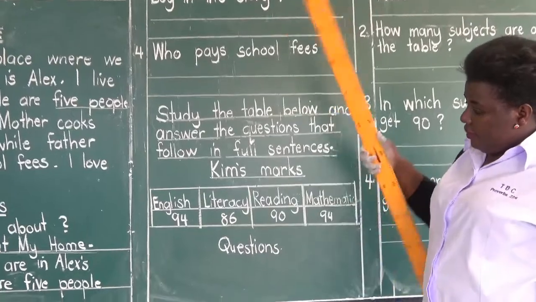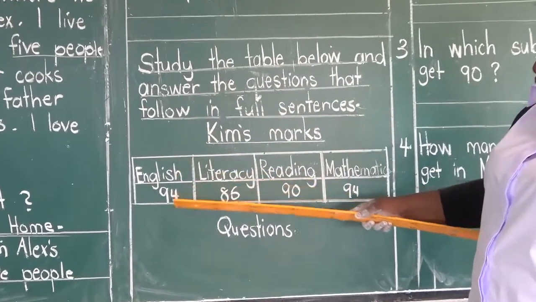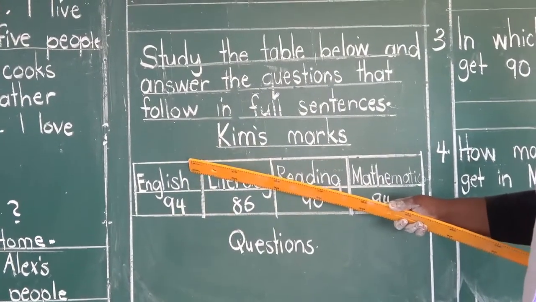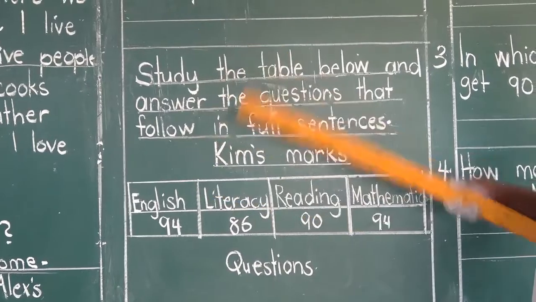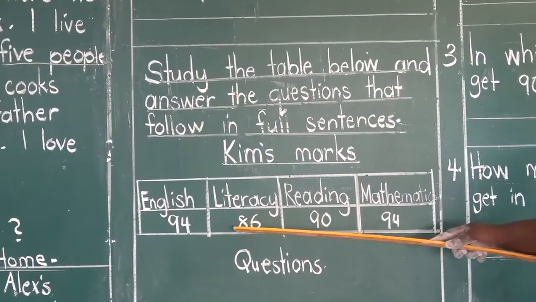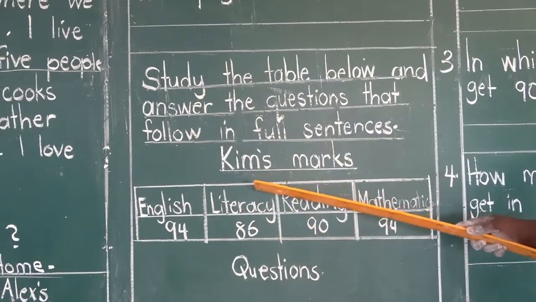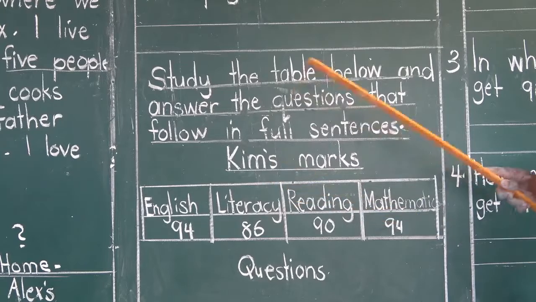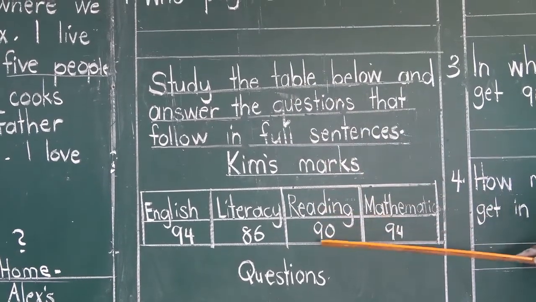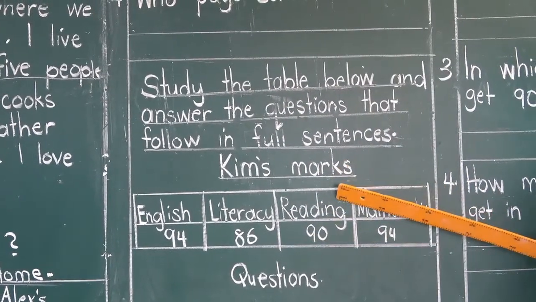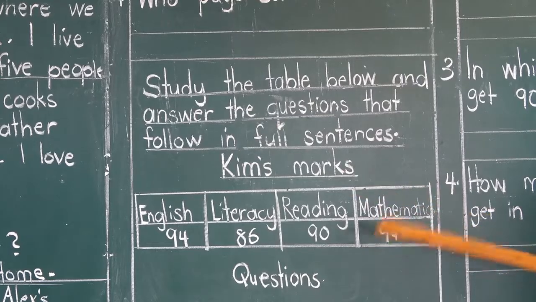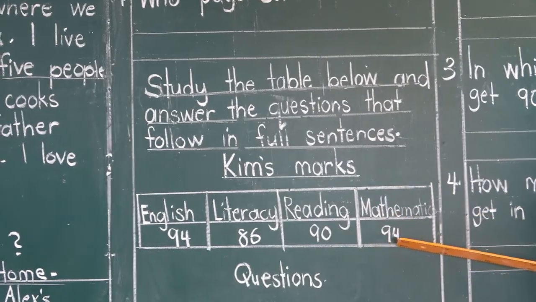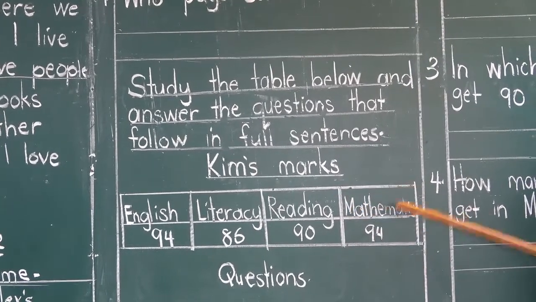Kim got 94 in English. Kim got 86 in literacy. Kim got 90 in reading. He got 94 in mathematics.